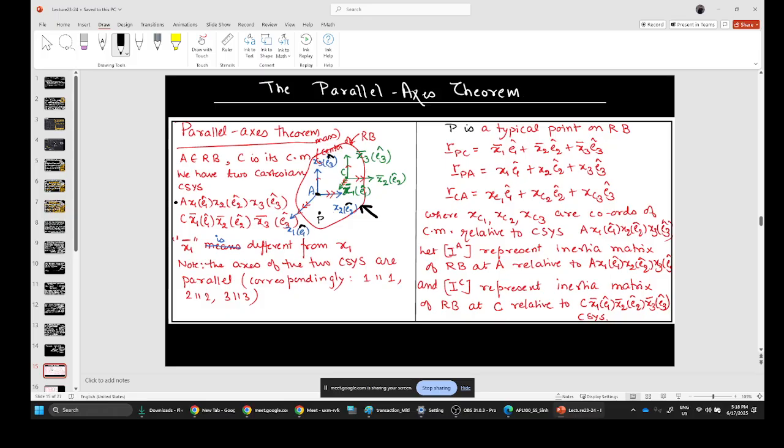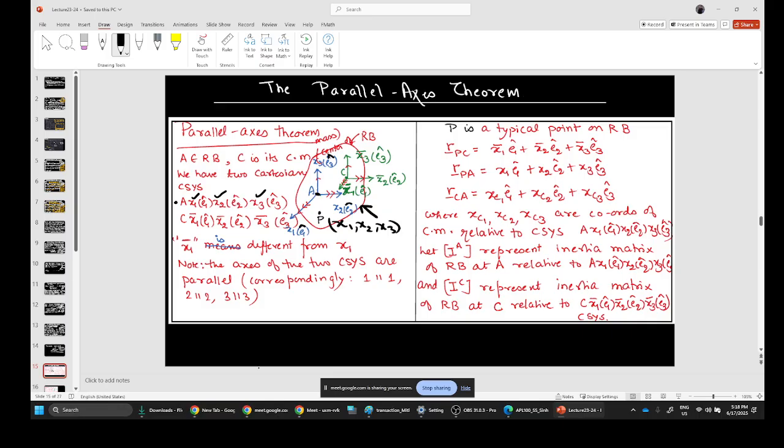Right? And if there is any point P in the first coordinate system, its coordinates will be x1, x2, x3. That's what is meant by the three letters that I am writing here. This is my first Cartesian coordinate system.